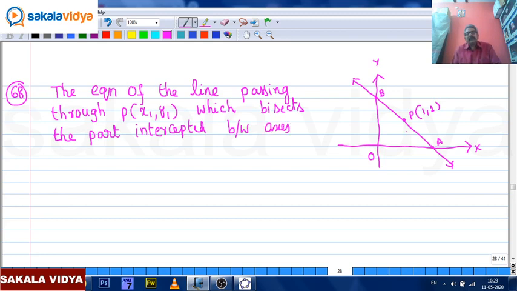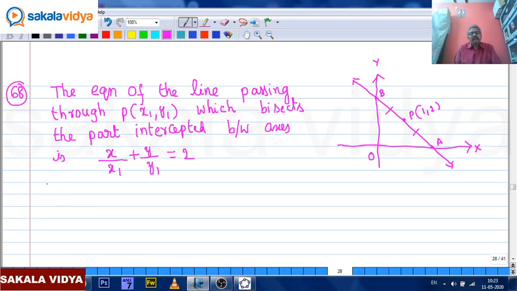That means AB. P divides AB into two equal parts. This part is equal to this part. The equation is given by the shortcut formula x by x1 plus y by y1 is equal to 2.